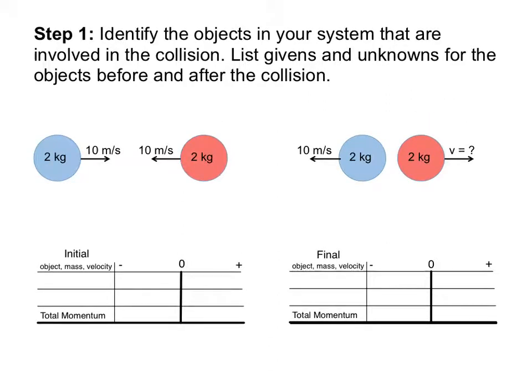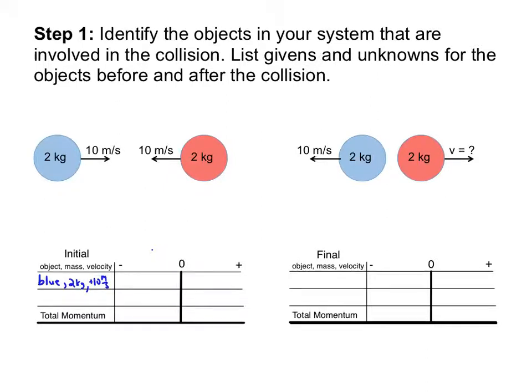Alright, so step 1. We want to solve for the final momentum of the red billiard ball. So what we're going to do first is identify the objects that are involved in the collision. So we have the blue one, which I'll just call blue, and it's got a mass of 2 kilograms and a velocity of positive 10 meters per second.